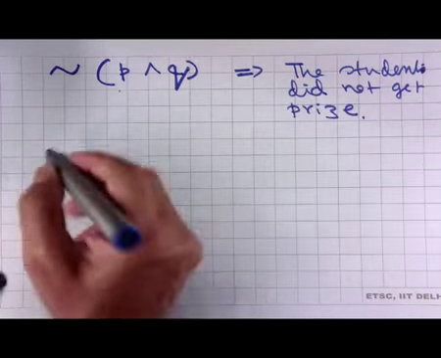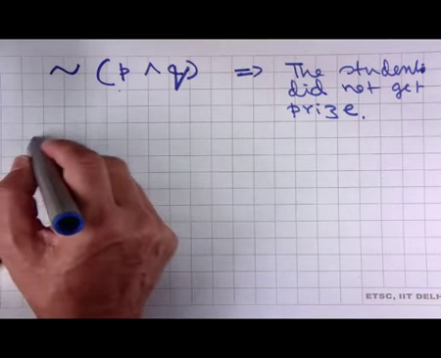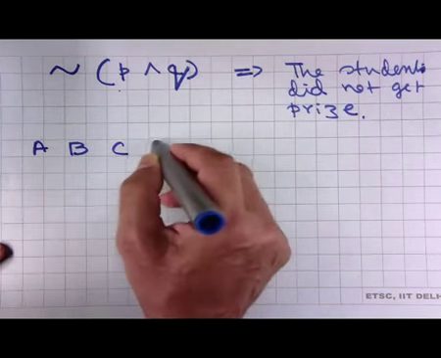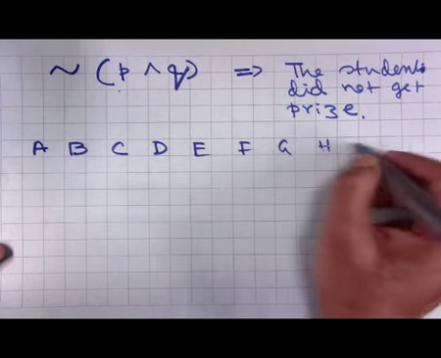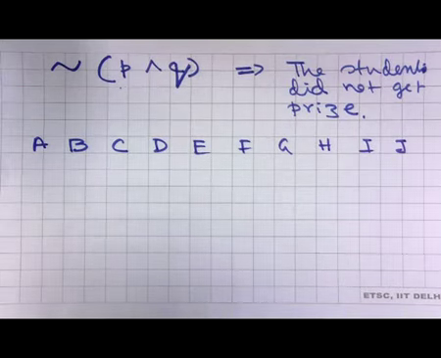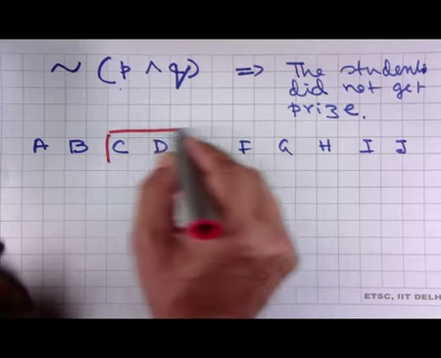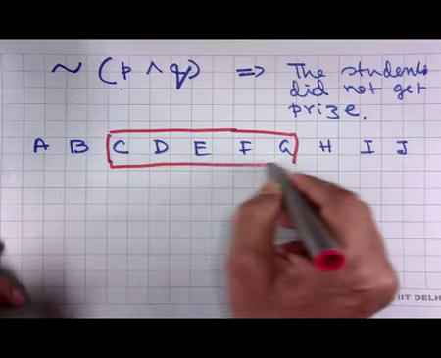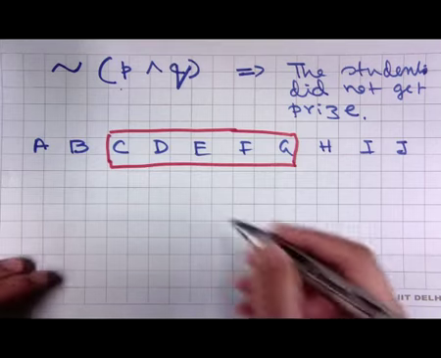And who are these students? If we look at the names of the students again, it is A, B, C, D, E, F, G, H, I, J, and we know that the truth set for P is C, D, E, F, G. And what is the truth set for Q?